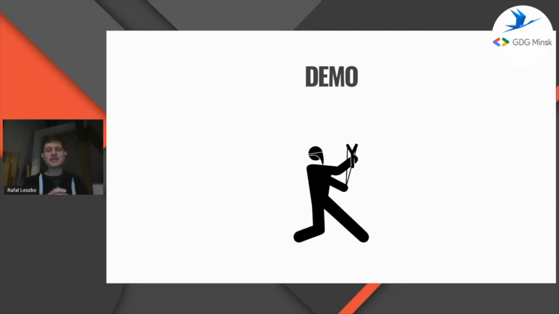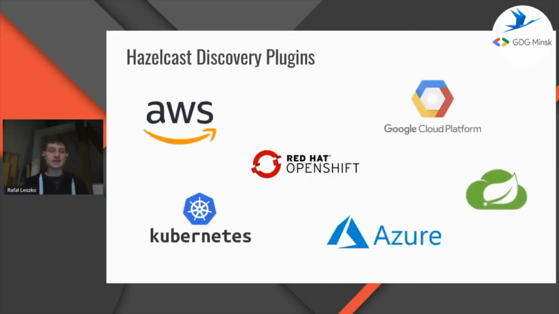And we came up with the idea of discovery plugins. So we implemented a lot of plugins for each environment. And now Hazelcast detects, okay, I'm running in AWS, so I use the AWS plugin and use the AWS API to find other members. So from the user's perspective, it's super smooth.